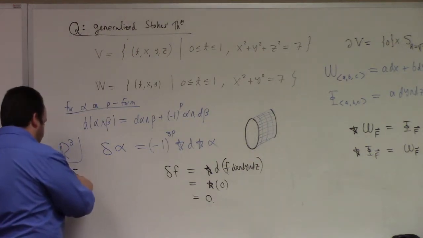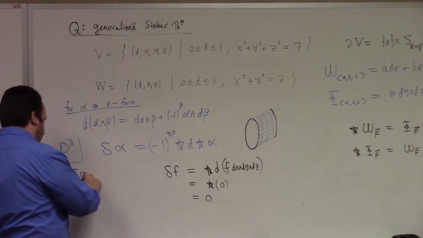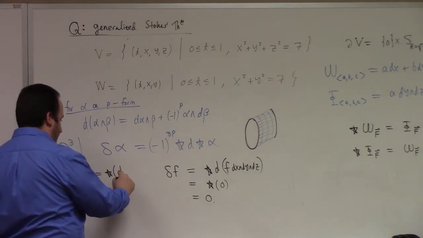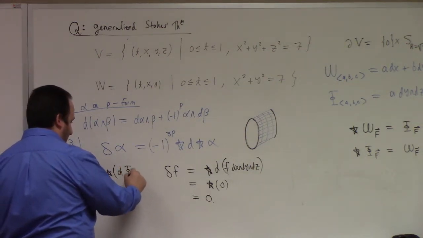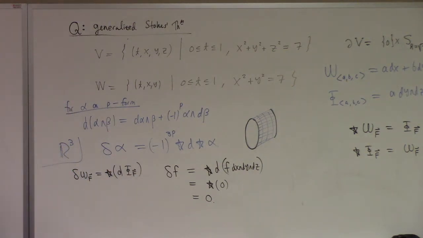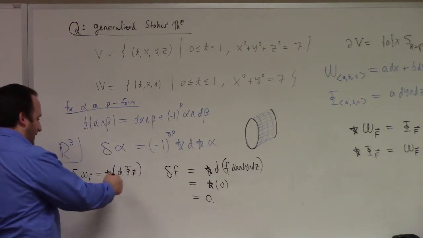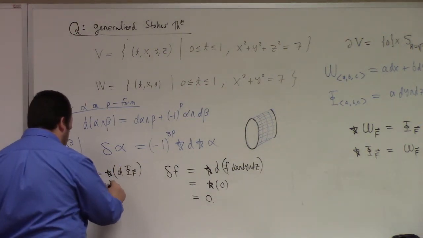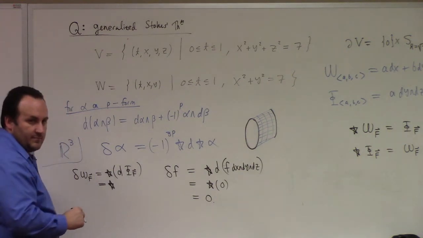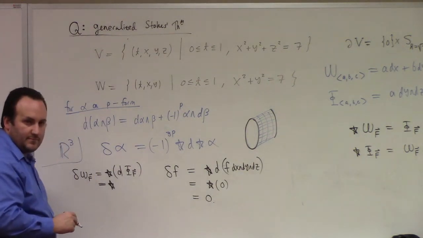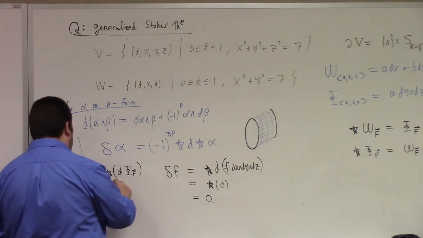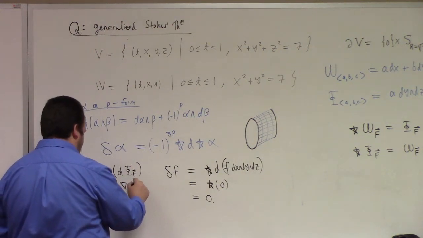On the other hand, if we were to calculate the coderivative of, say, omega of a vector field, well, that's interesting. Then that would be the Hodge dual of the differential of the flux form of f. It seems likely at this point in the test I've already asked you to prove that the differential of the flux form is the divergence of f times the volume form.